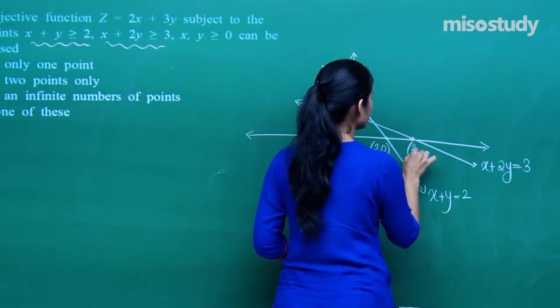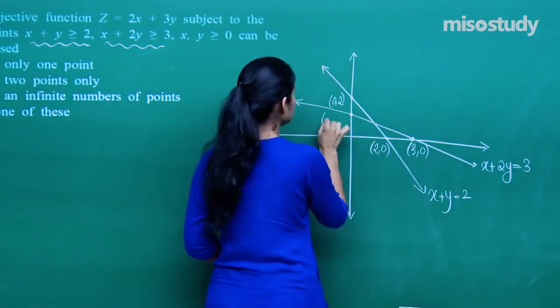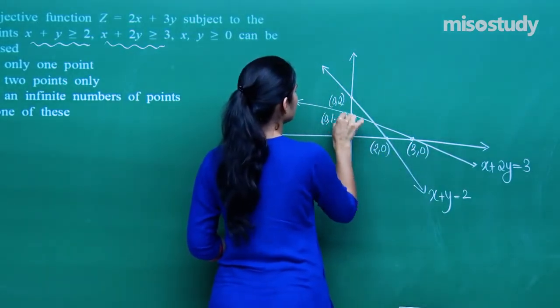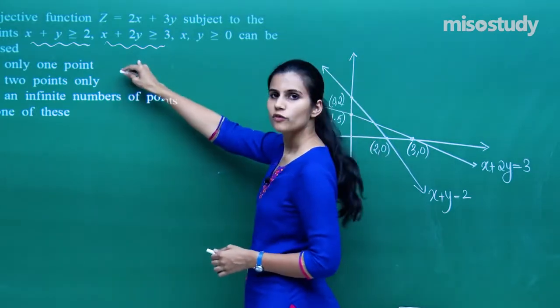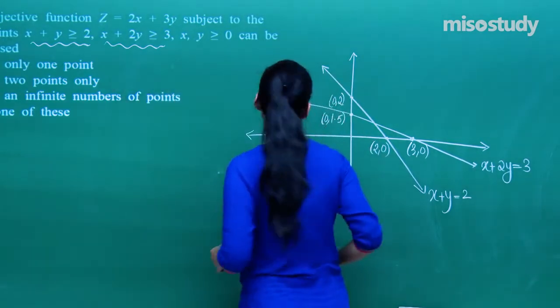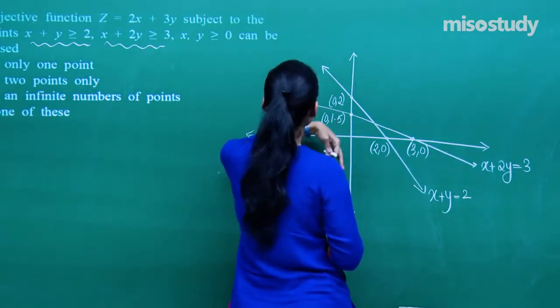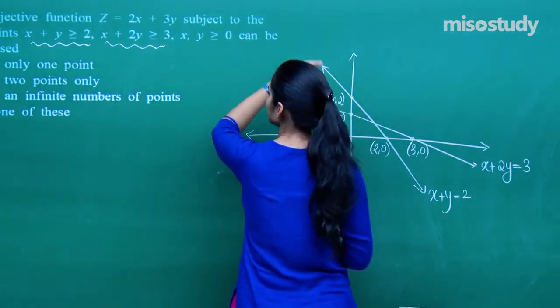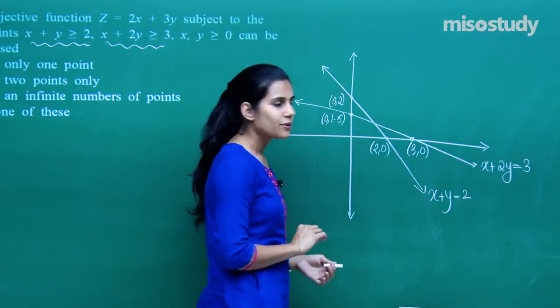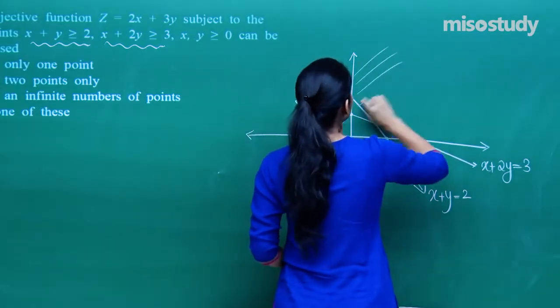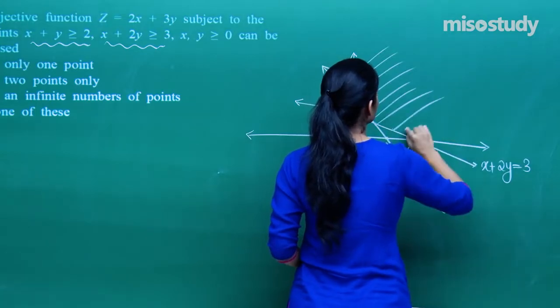This point is 3 comma 0. This is 0 comma 1.5, because when x is 0, y is 1.5, when y is 0, x is 3. And when you try to get the region x plus y is greater than or equal to 2 and x plus 2y is greater than or equal to 3 and x and y are non-negative, you basically get this as your feasible region.